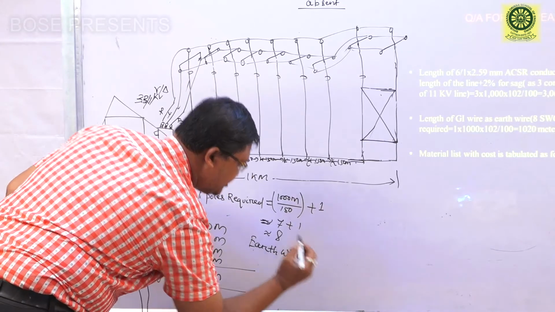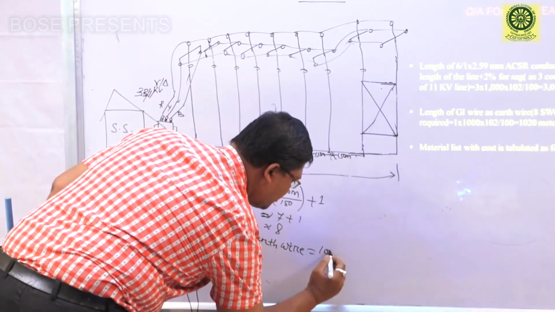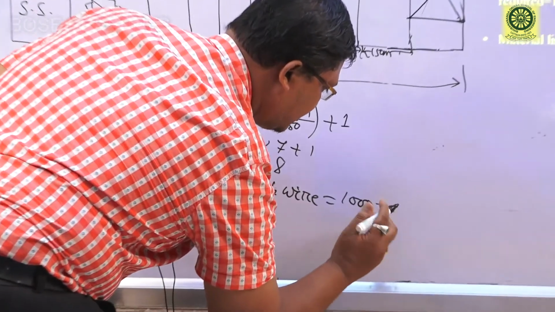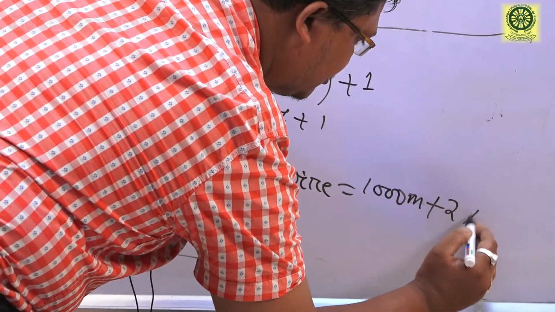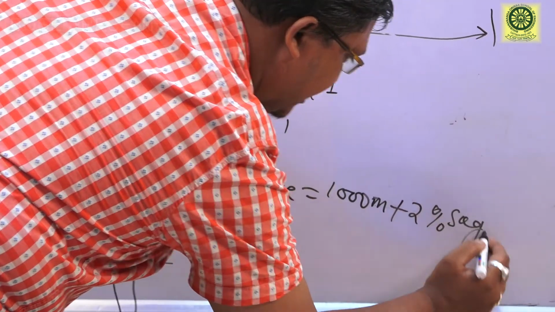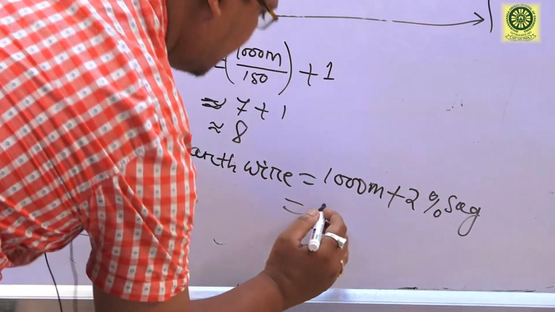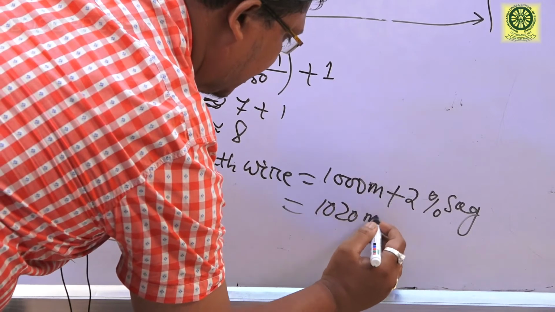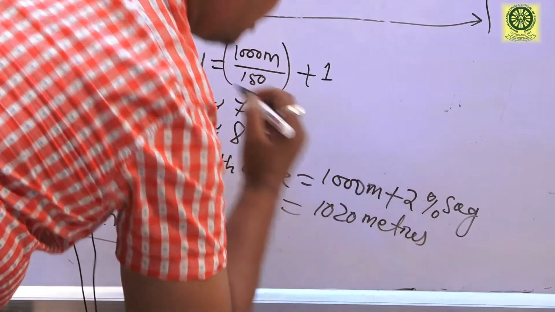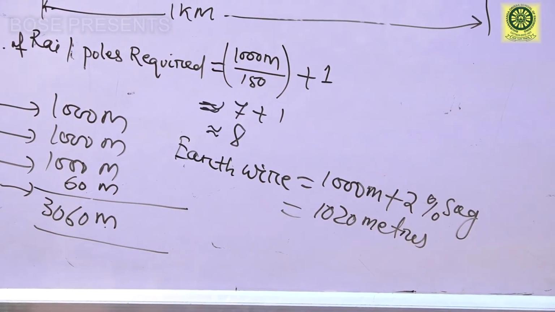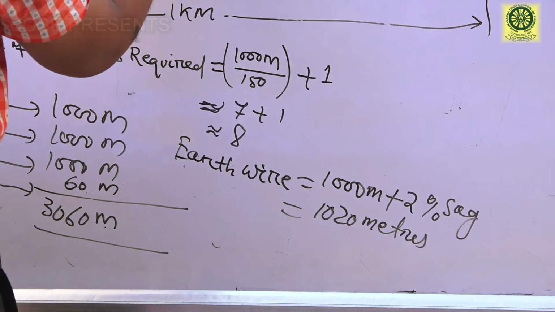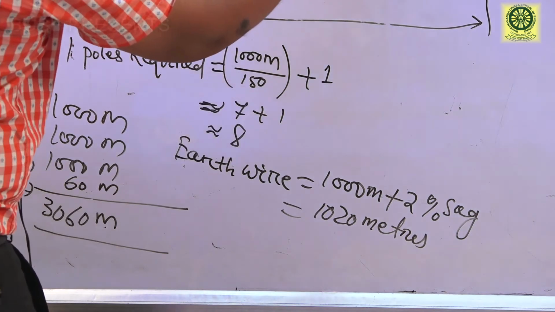Earth wire is equal to 1000 meter plus 2% sag, that will be equal to 1020 meters. So this is the earth wire connected.